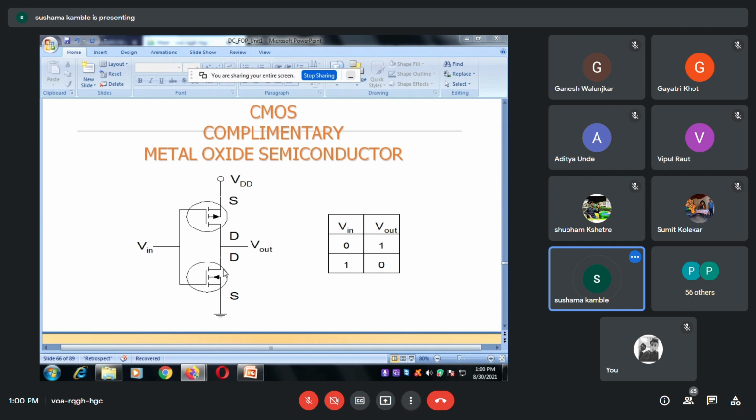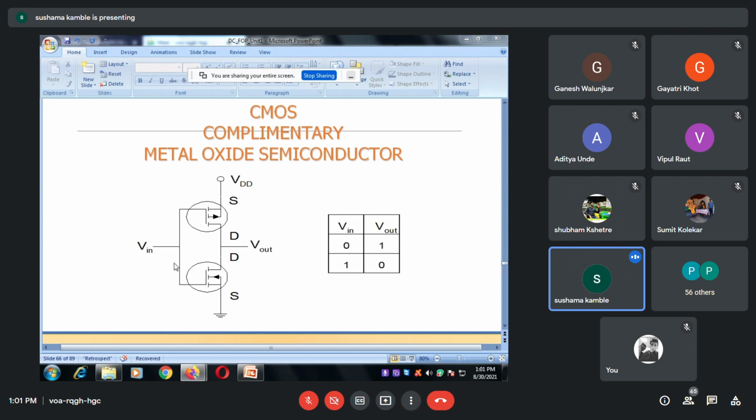We know that NMOS is going to be on when gate voltage is higher than the source voltage. And PMOS is going to be on when gate voltage is lower than the source or drain voltage. Okay. Now we are applying Vin to design the inverter. We are applying Vin to both the PMOS and NMOS simultaneously.